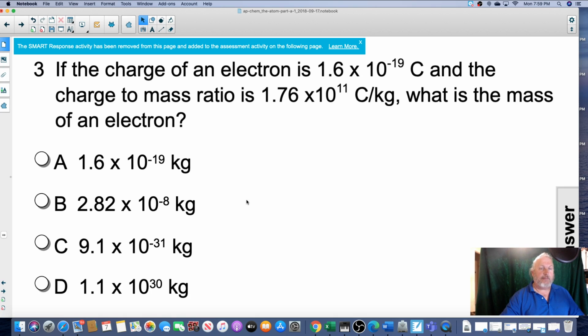We can determine the mass of an electron by dividing 1.76 times 10 to the 11th by 1.6 times 10 to the minus 19th, and we come up with 9.1 times 10 to the minus 31st kilograms. And that's pretty small.